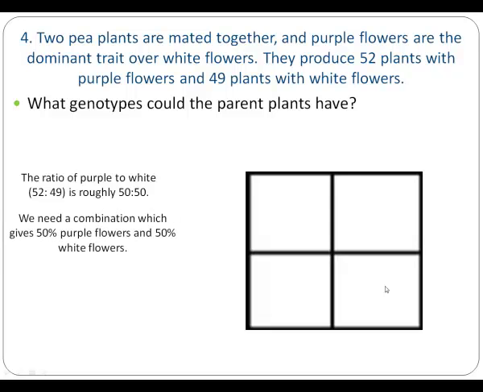So I got to figure out a combination which gives 50% purple and 50% white. So I'm going to define big P as purple and little p, with a funny tail so I know it's lowercase, as white.